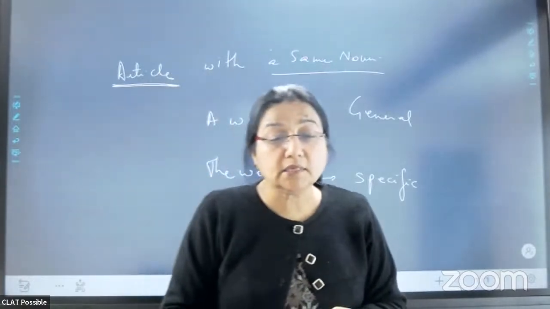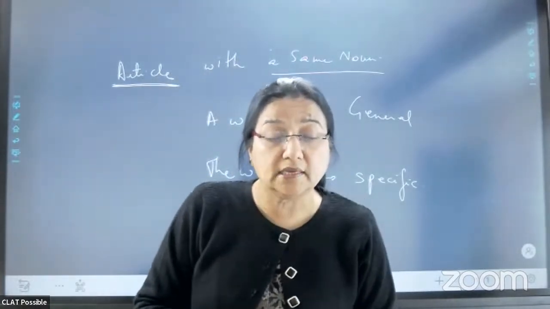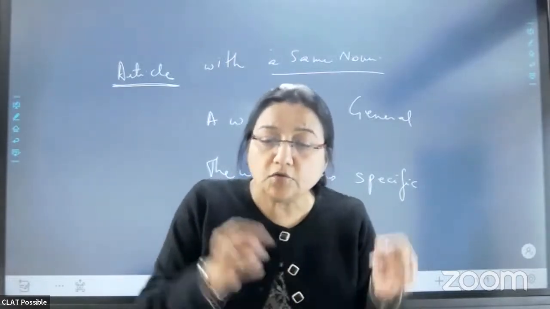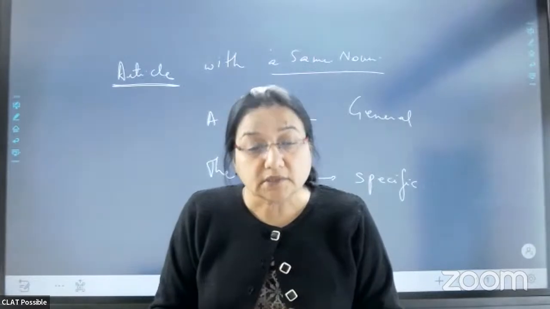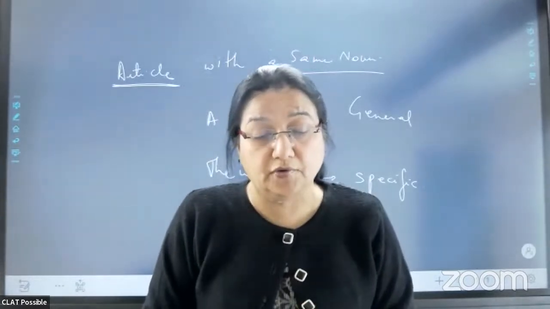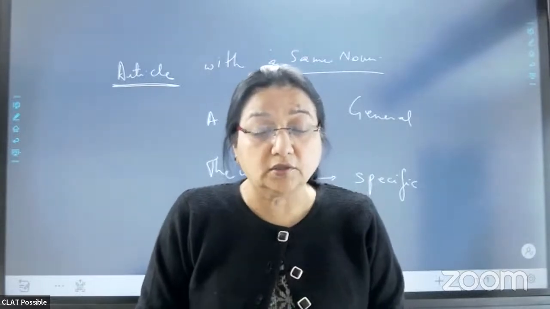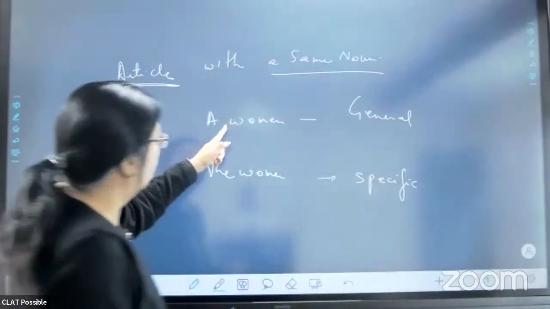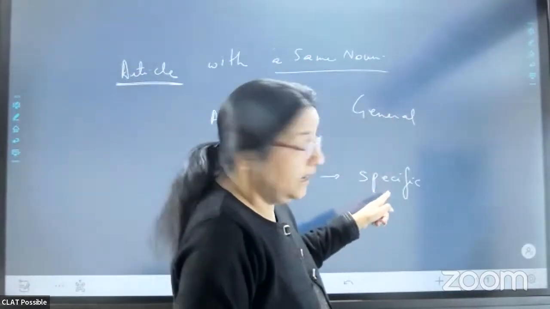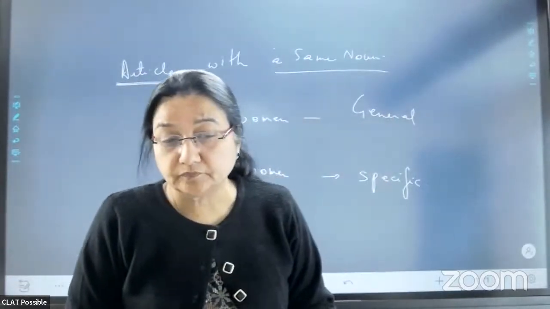So understand here that the moment I say the psychological disorder has caused a lot of trauma for her, it equally talks about that first I introduced a woman and then the woman, or I said a psychological disorder and then the psychological disorder.